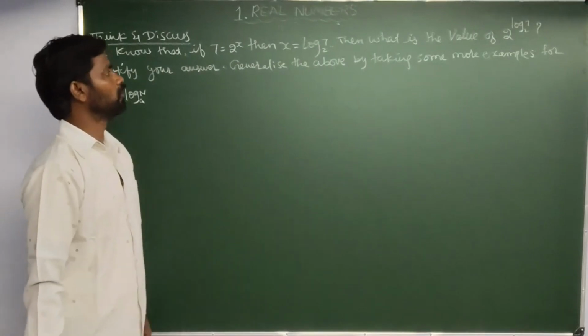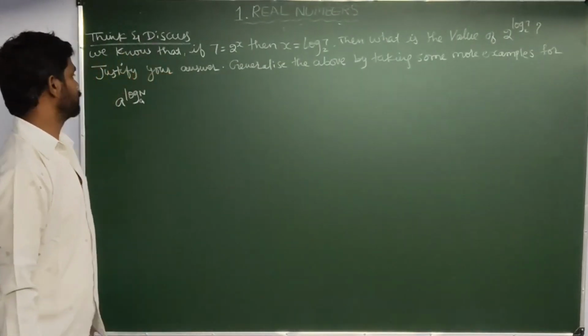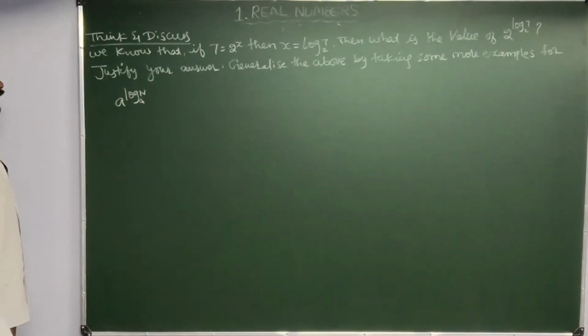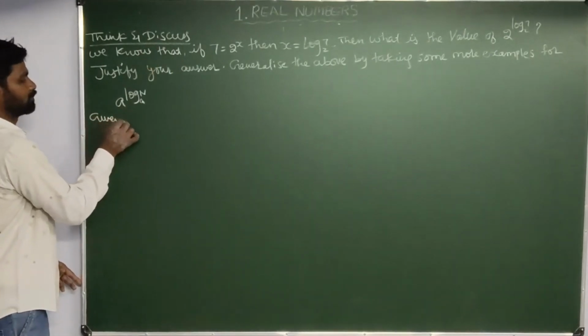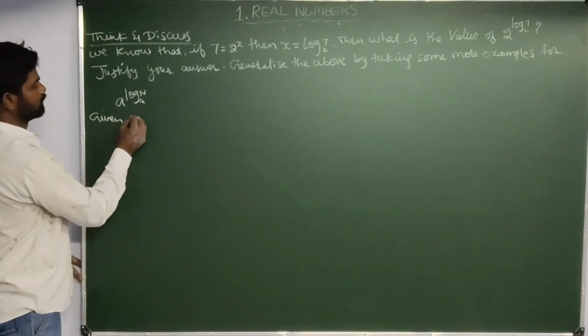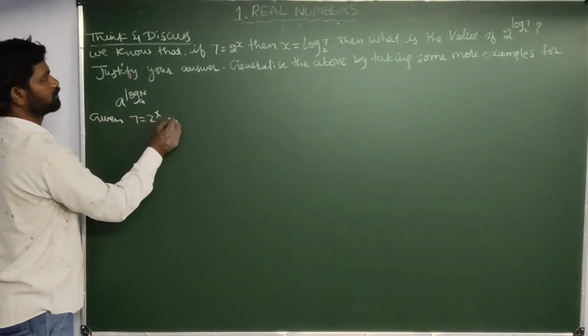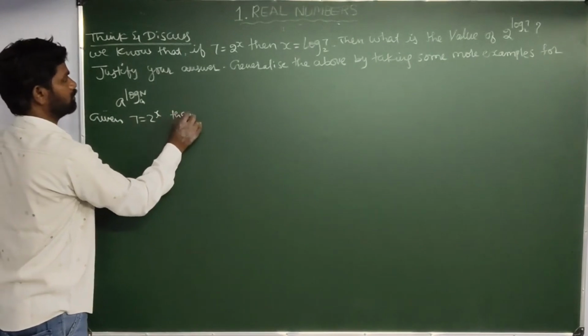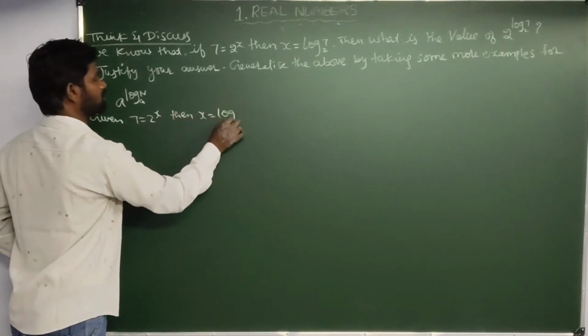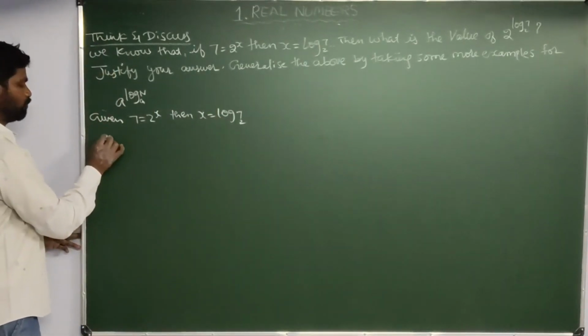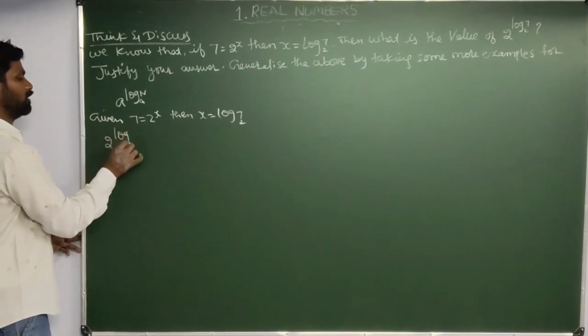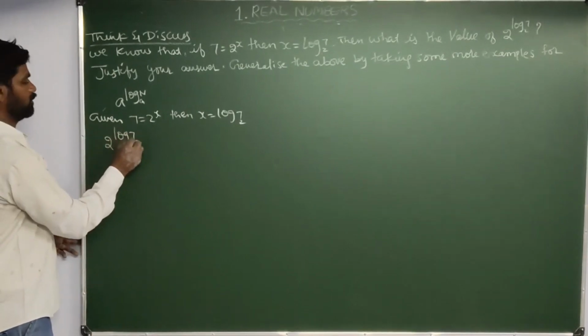Generalize the above by taking some more examples for a power log n base a. Okay, so it is given that 7 is equal to 2 power x, then x is equal to log 7 base 2. So by using this principle, now we are going to find the value of 2 power log 7 base 2.